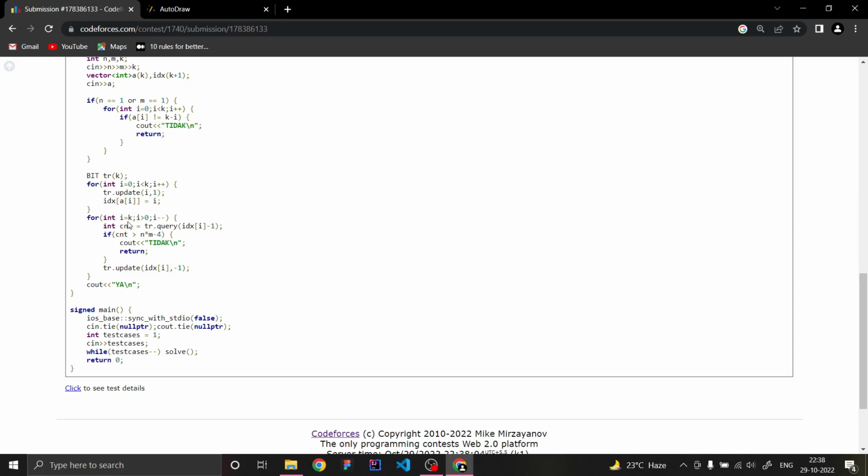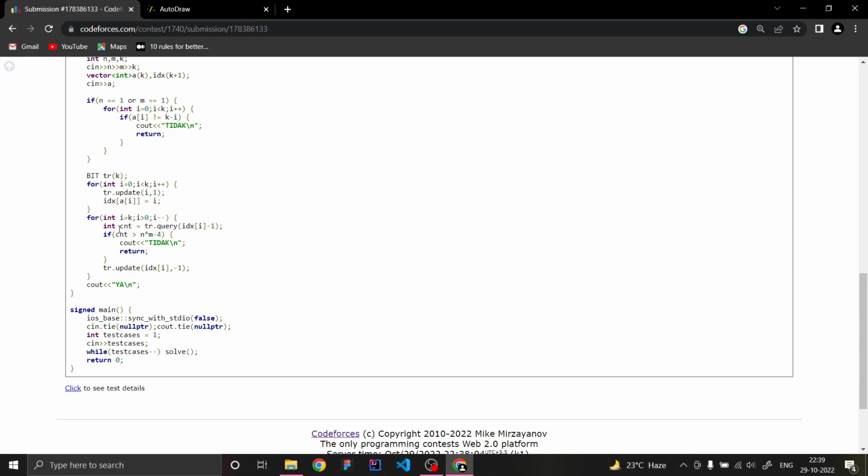Let's say we iterate over i equals k to 1, and we would like to find the card i from the given stack which is present at the cell 1, 1, and we would like to find how many cards come before the card i and are not placed on the cell n, m.